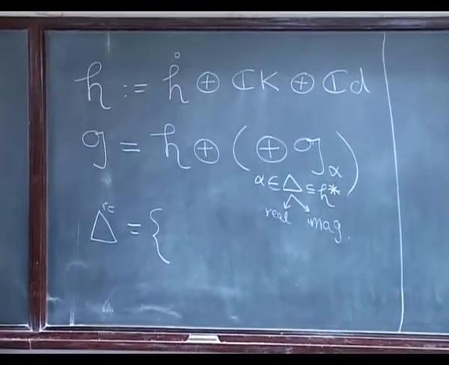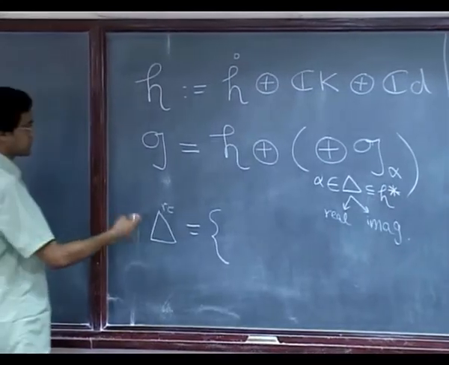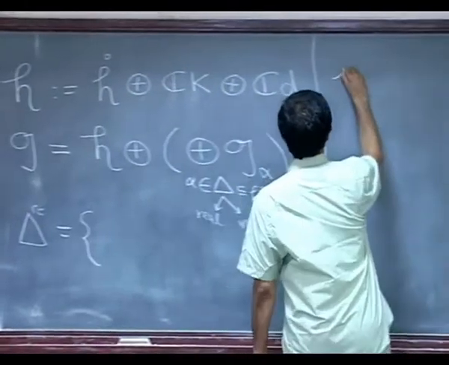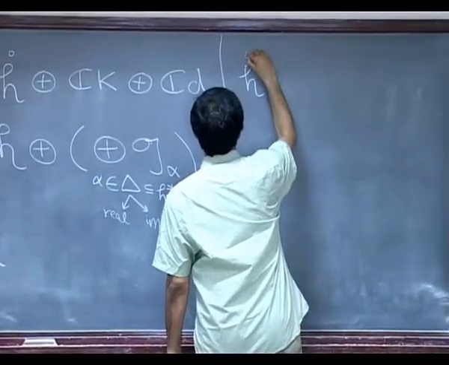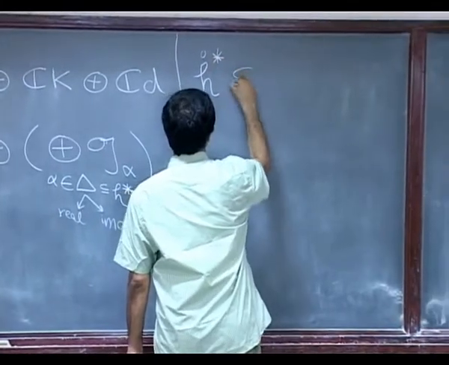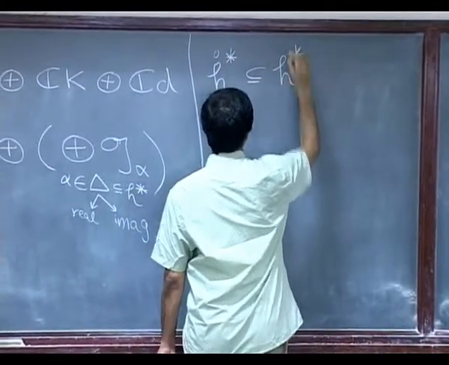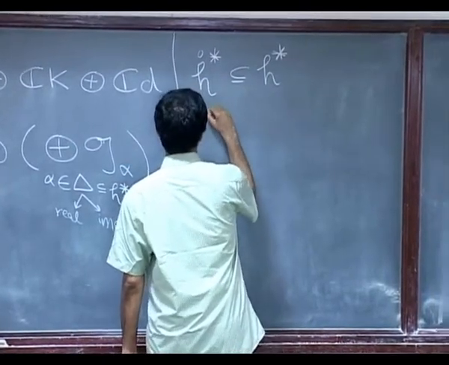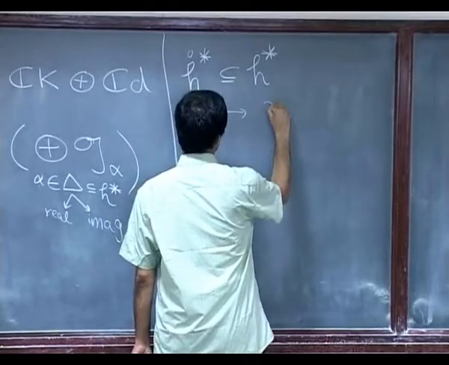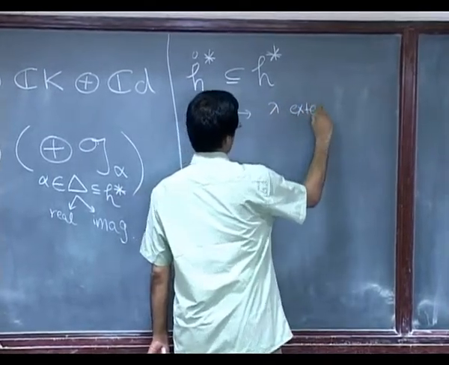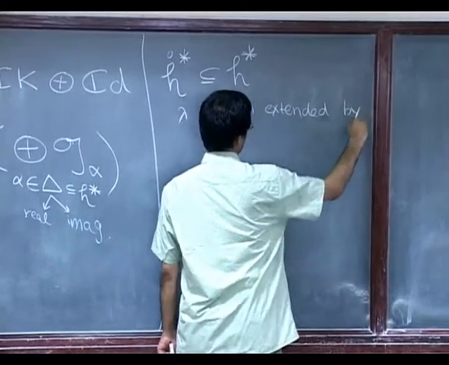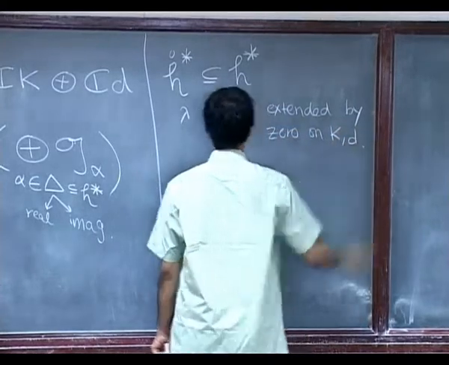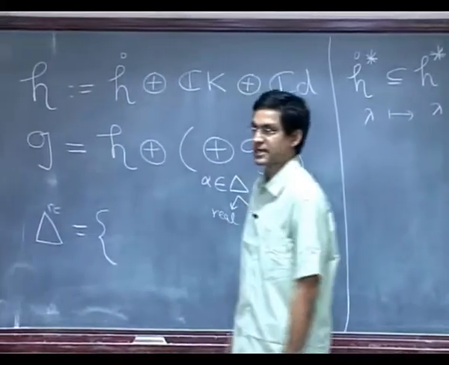Observe, these are all subsets of H star, and so we first think of H0 star, as Raghavan mentioned this morning, as sitting inside H star. You can think of H0 star as a subset of H star by extending it as 0 on K and D. So this is the usual extension. If you have any element lambda here, you map it to the same lambda extended by taking the value 0 on these two elements K and D, these two extra basis elements.